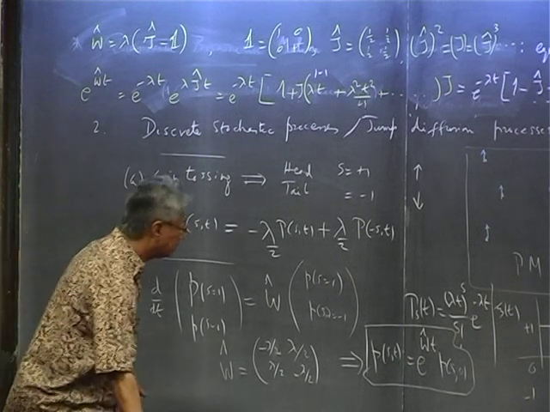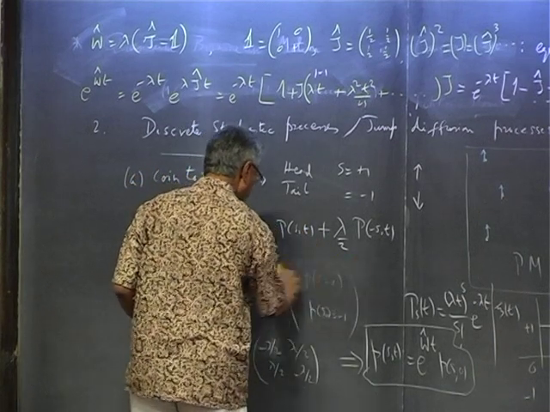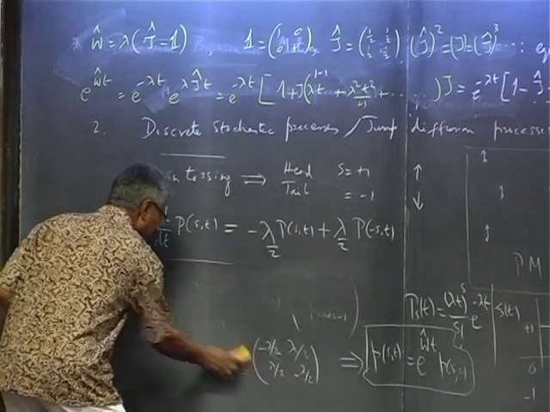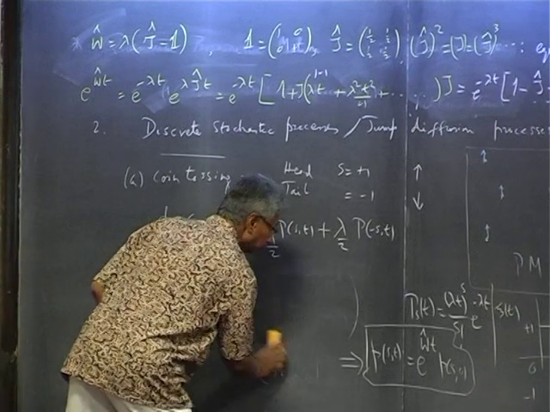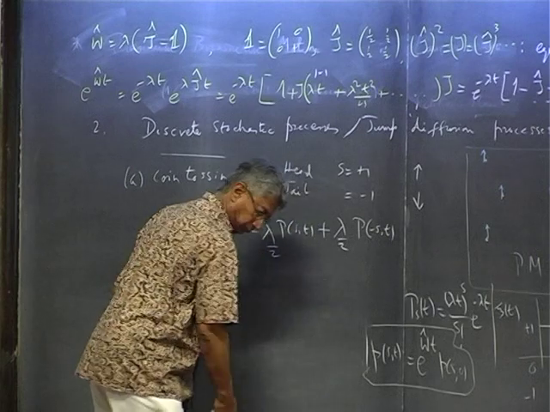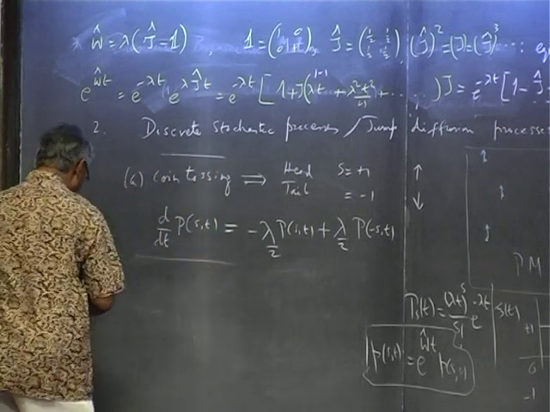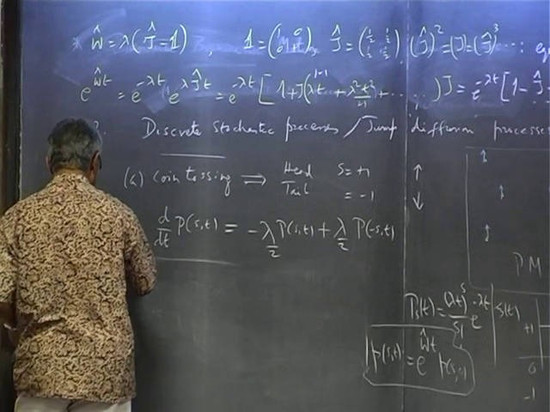Okay, so now let's look at this. And let's use actually the rate equation for calculating various quantities. So for instance, suppose you want to calculate the magnetization.